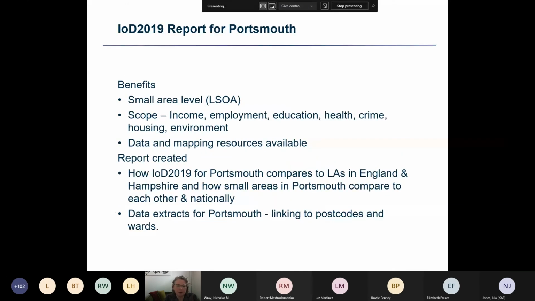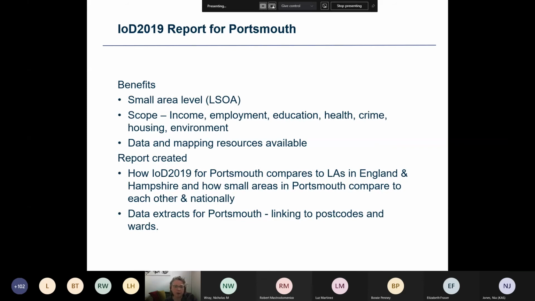So I think some of these benefits of the IMD data have been touched on before. So for us, the attraction of the IMD is that data is available at neighbourhood level, it's called LSOA level. It's got the granularity that's required to understand the local area and in order to be able to focus help. It covers a wide range of topics.